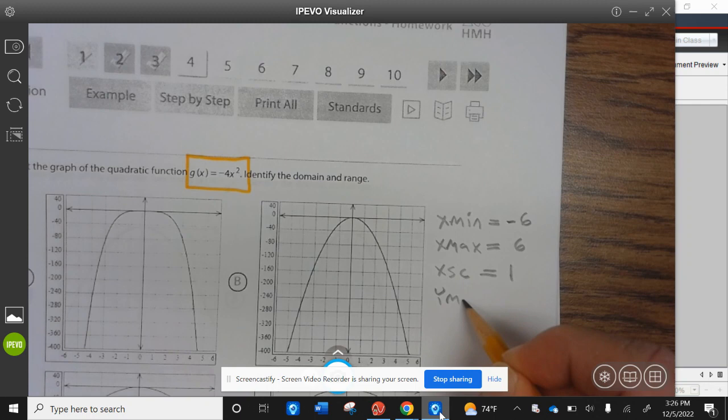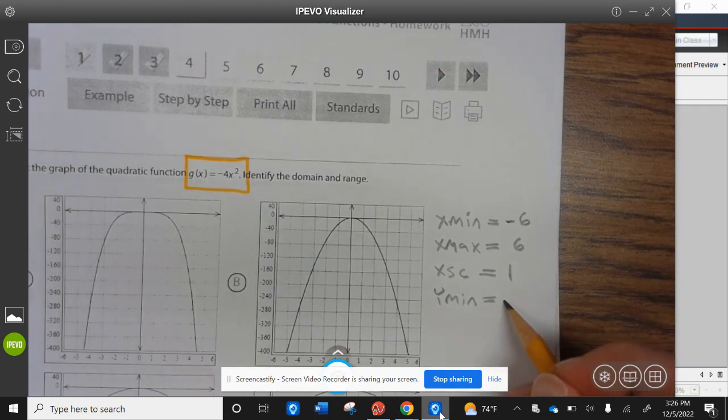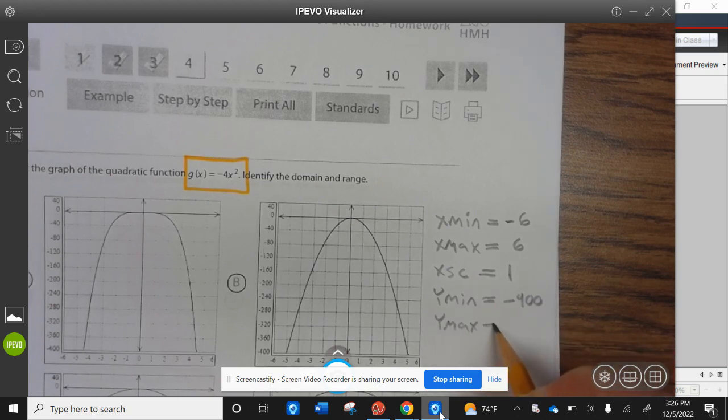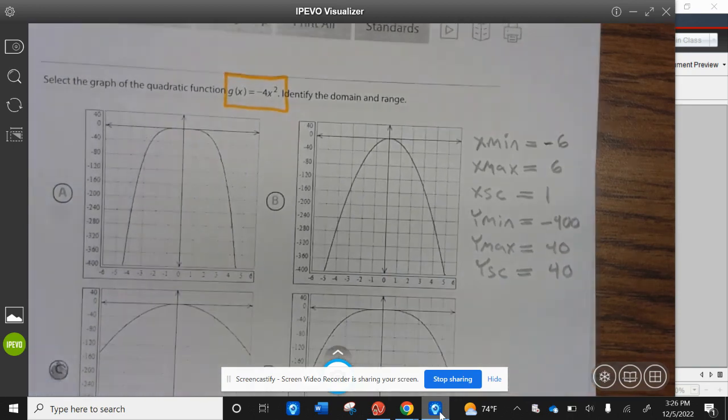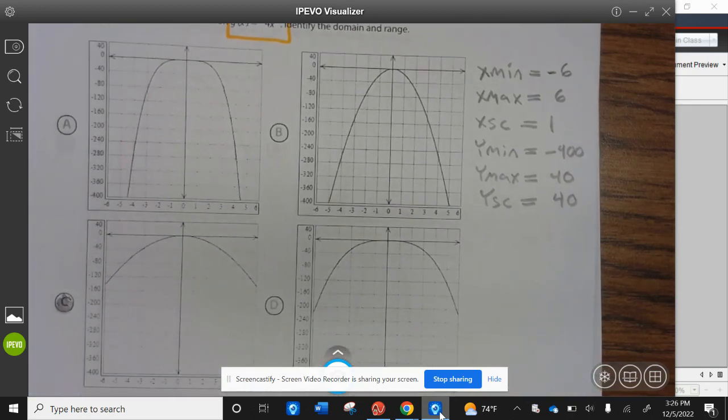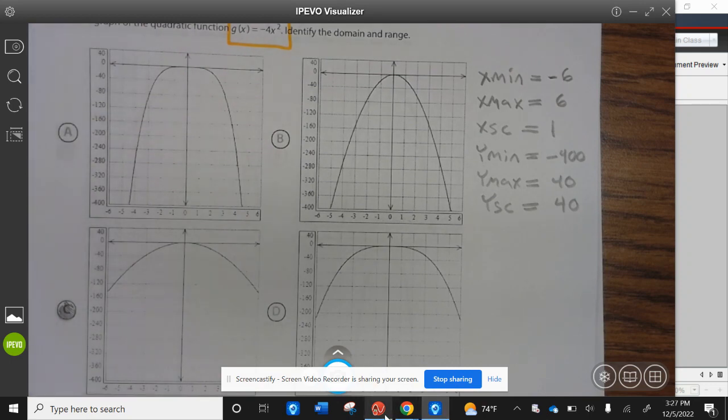Our y min is, looks like, negative 400. Our y max is 40. And y scale equals 40. So let's go back to our calculator.